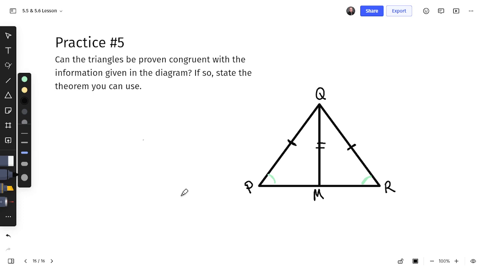Question is, is it going to be enough to use any of our theorems to state that these two triangles, PQM and RQM, are congruent? Well, let's go through the list. We have side, side, side, side, angle, side, angle, angle, side, angle, side, angle, and hypotenuse-leg.